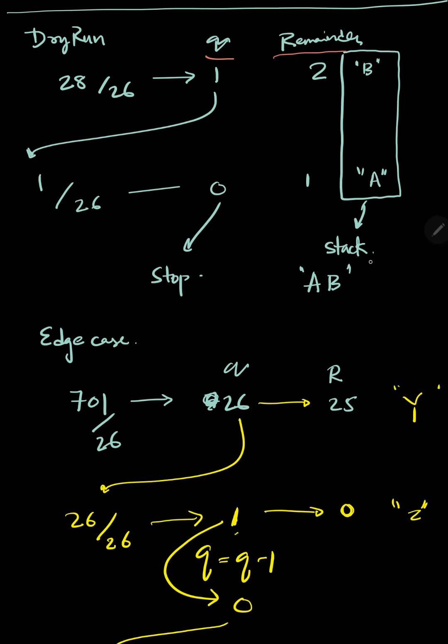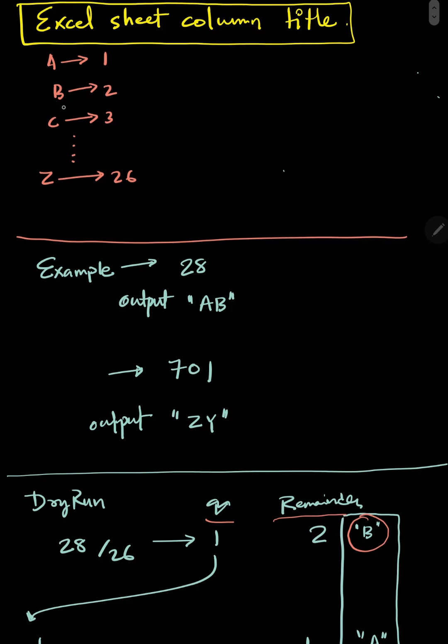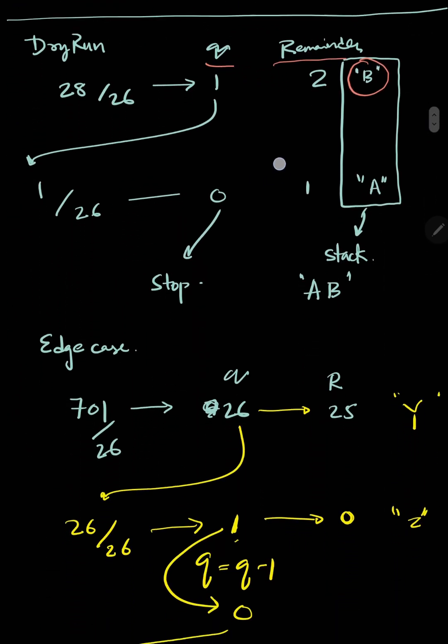Why are we using a stack here? We are using a stack because the answer will be in reverse order, as we'll see. 28 divided by 26: quotient is 1, remainder is 2. Now what is 2 denoting? 2 is denoting B.